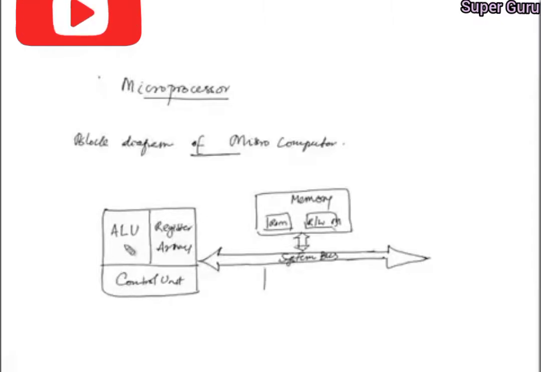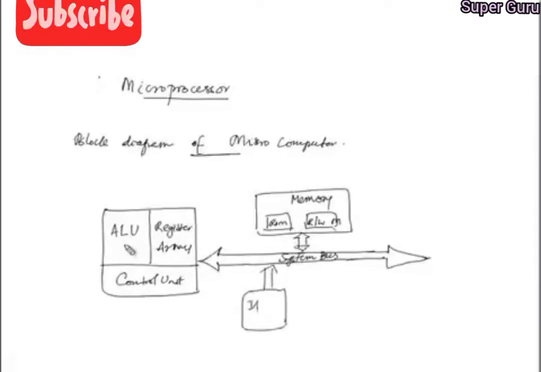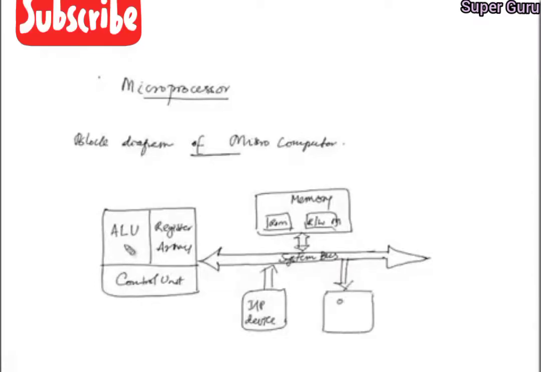The next is input device, and then output device. So this is a simple block diagram of a microcomputer.